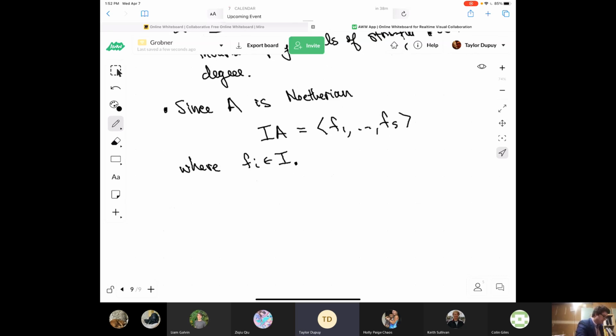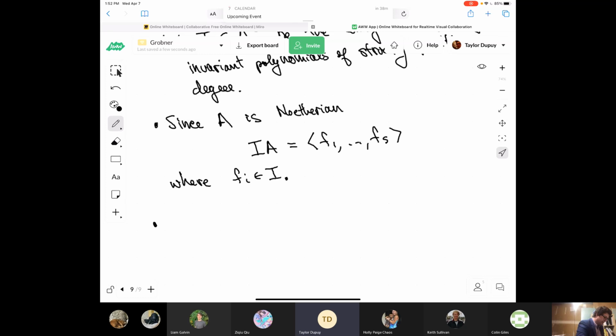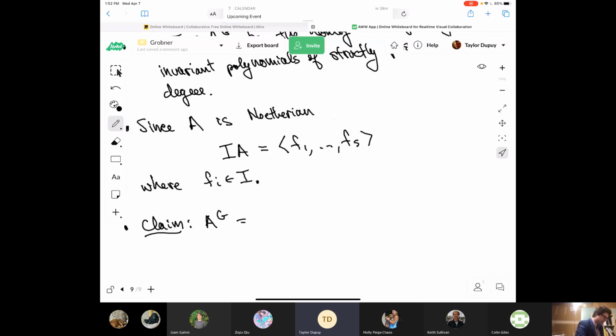Okay, so the claim here is that AG looks like K[f_1, ..., f_s]. We had a field here, so this thing is K[f_1, ..., f_s], and these things generate. So the generators of this ideal are the generators of this.